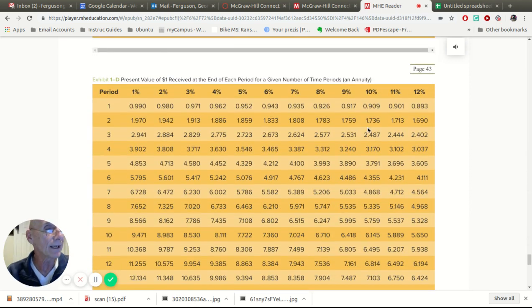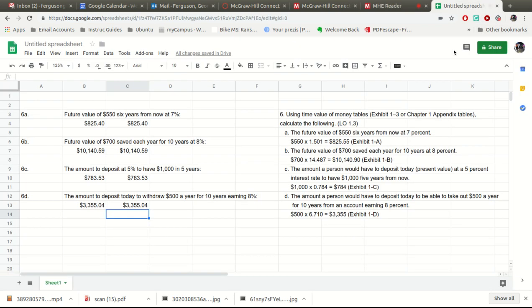What you're looking at here is we're going to take $500 out a year for 10 years at 8%. Where does it intersect? 6.710. So if I take that $500 times the 6.710, works out to $3,355.